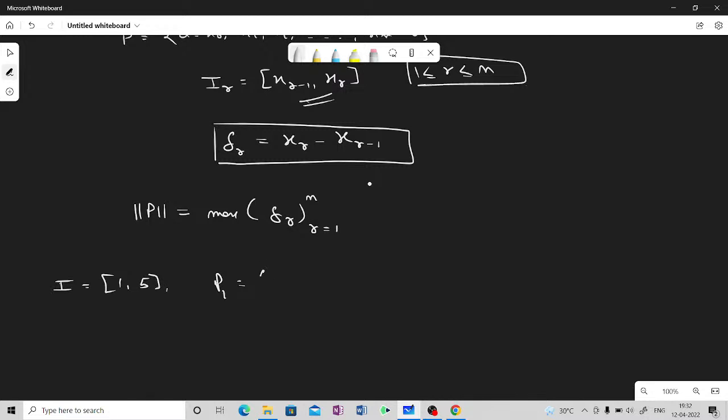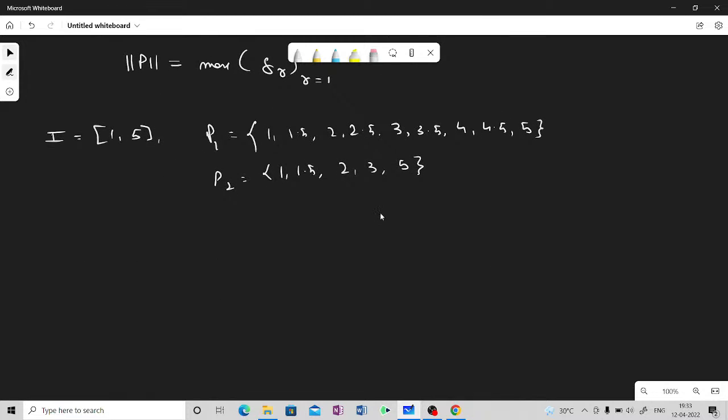So we take two partitions, P1 as 1, 1.5, 2, 2.5, 3, 3.5, 4, 4.5 and 5. Clear? And we take another partition, P2, let's say 1, 1.5, 2, 3, 5. Clear? Got it?